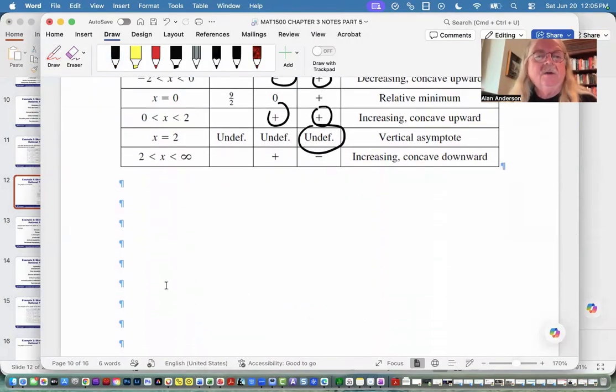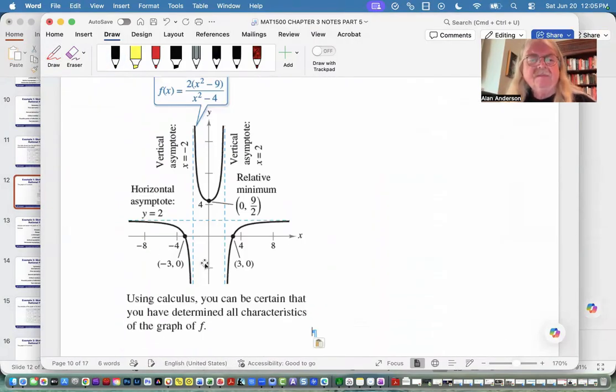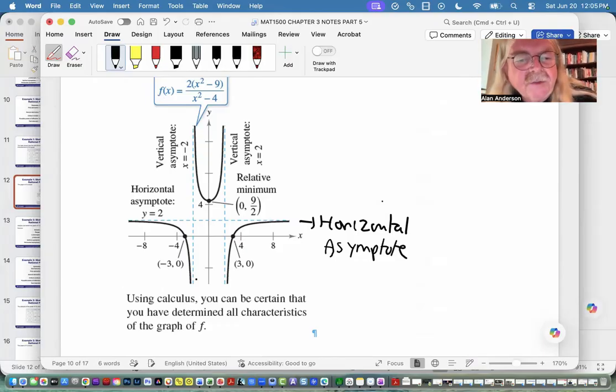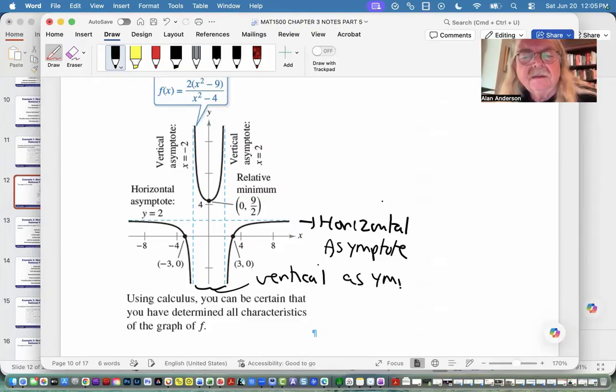Yeah, what a mess. And so they want you to see all the details. We already identified the asymptotes, and we found the two vertical asymptotes, as well as the relative minimum.